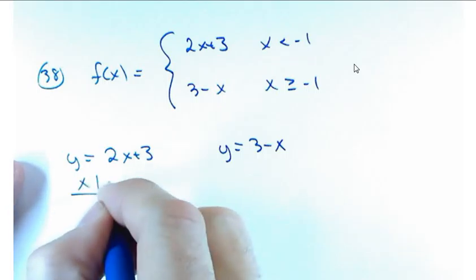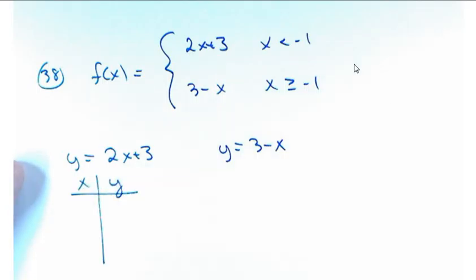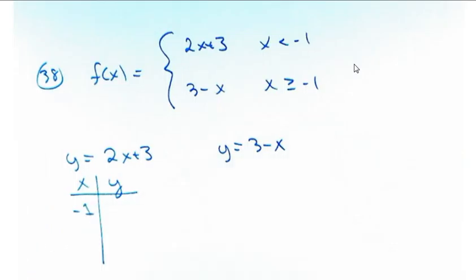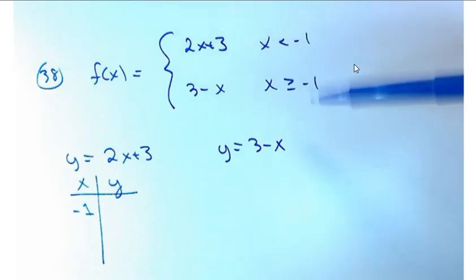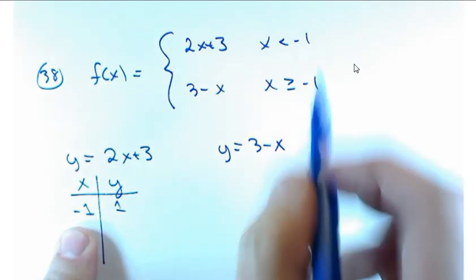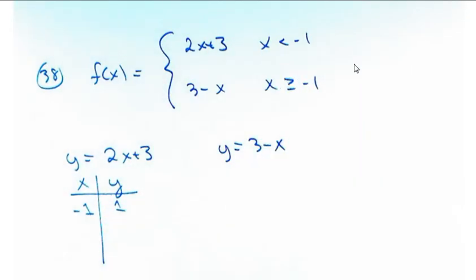So let's come up with a couple values that we can choose. Now choose the endpoint. You want to graph the endpoint. In either case, it's either going to get a solid dot or a hollow dot, but graph the endpoint. If x is negative 1, what does y equal? 1. What's another point that satisfies x is less than negative 1?